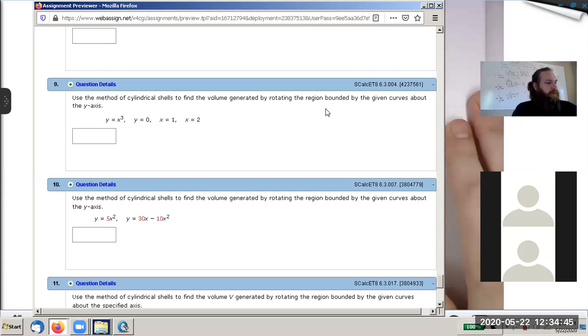So my first step is going to be to draw a good picture. y equals x cubed looks like this over here and like this over here, but I don't really care about what's going on over here. It's not relevant to the problem. y equals 0 is the x-axis. x equals 1 is this vertical line.